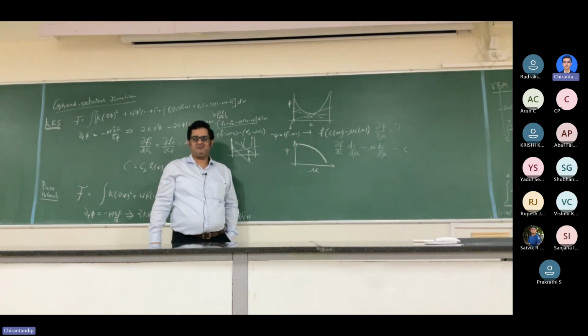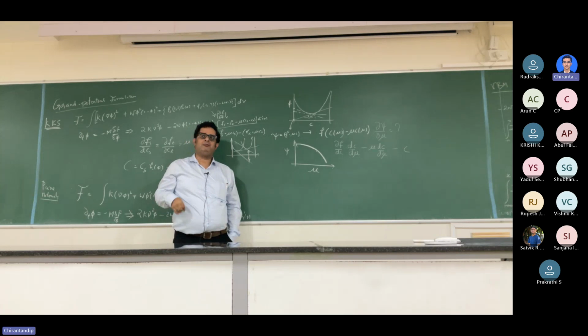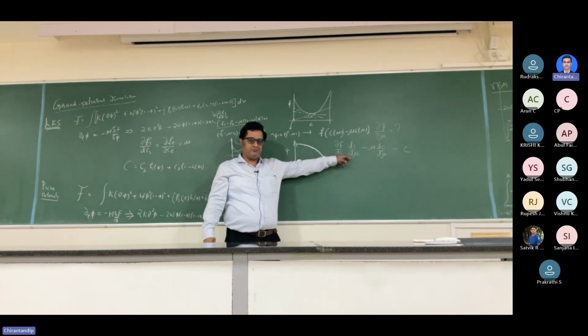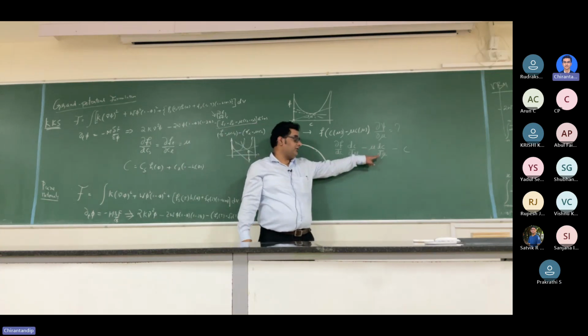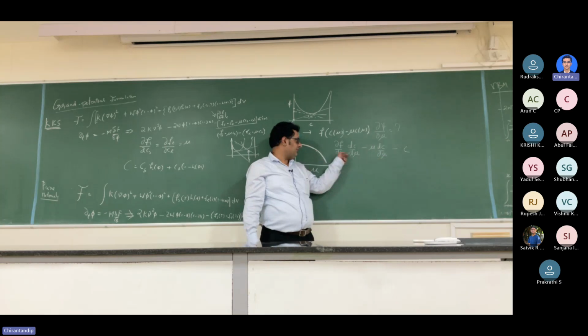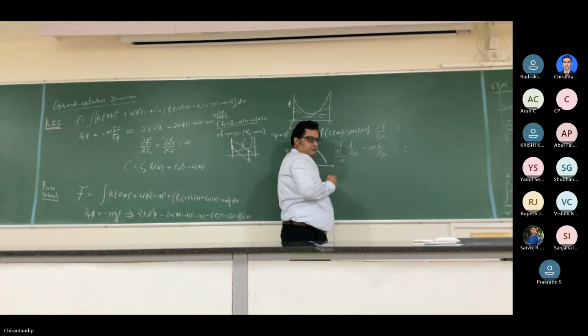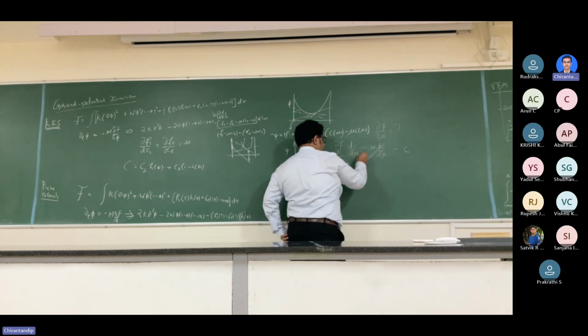Is that okay? F has an explicit dependence on C. C is a function of mu. So dou F by dou C times dC by dmu, minus mu dC by dmu, minus C. Now what is this? So this and this will cancel.